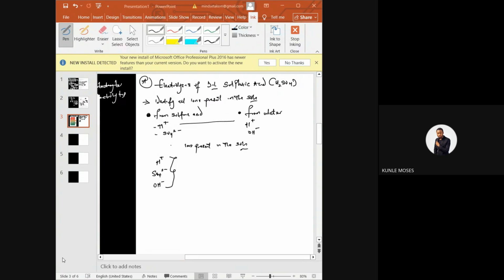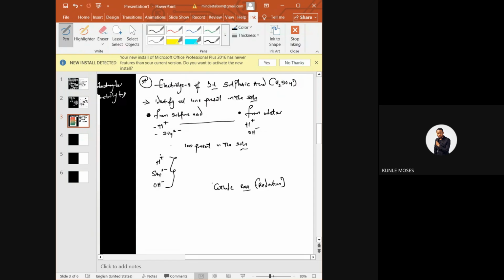Now, let us look at what will be discharged. Let us start with the cathode. What happens at the cathode? It is reduction. When we say something is reducing, it wants to gain electrons.